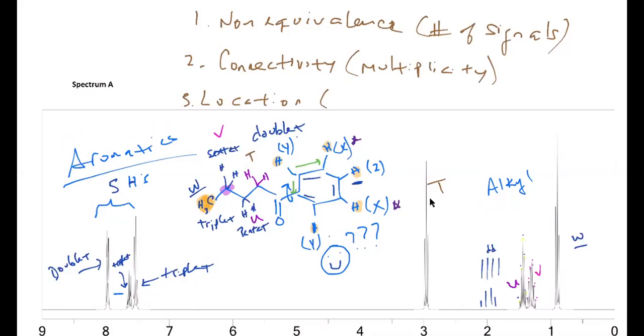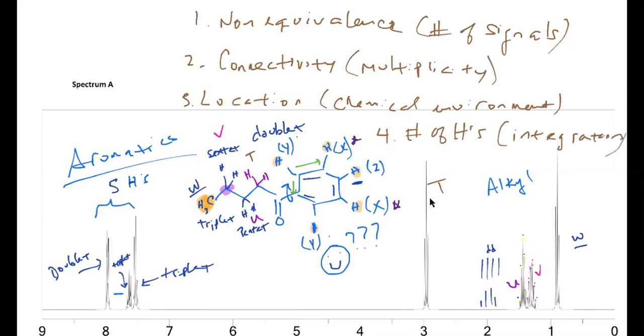Location is the chemical environment, upfield or downfield. And the number of hydrogens comes from the integration.